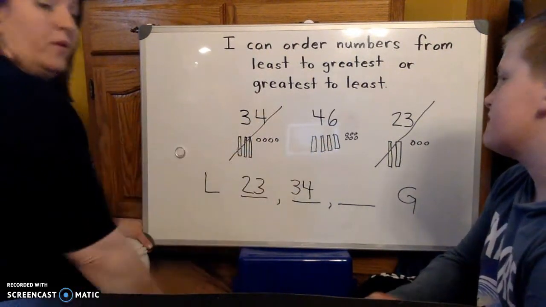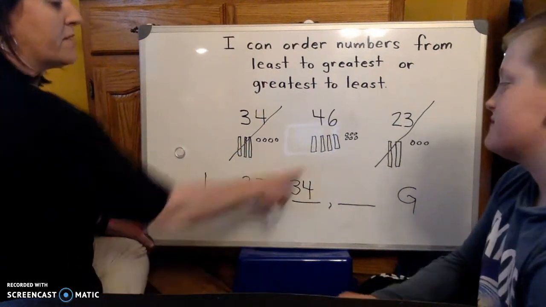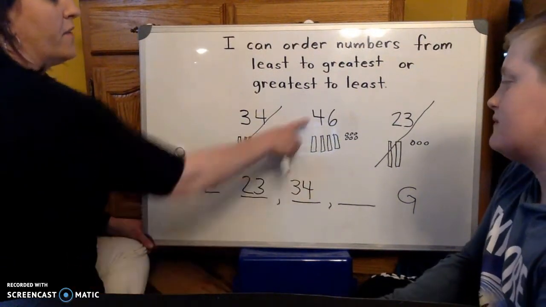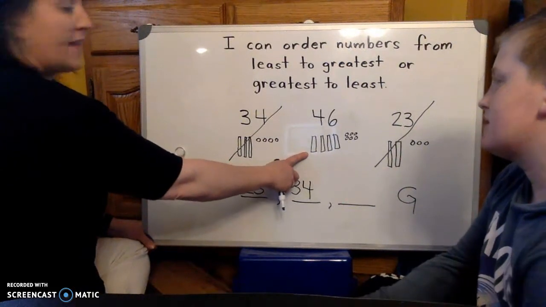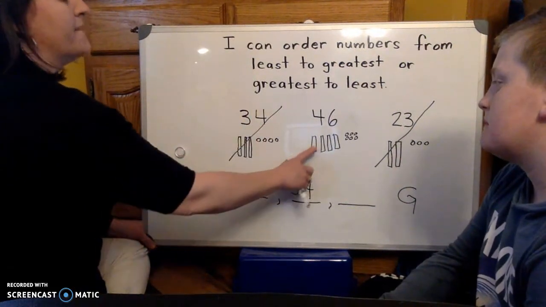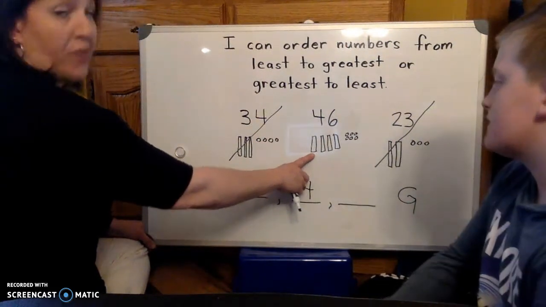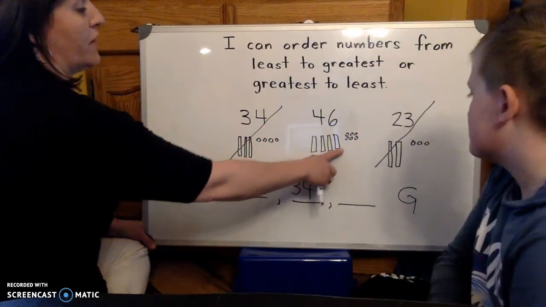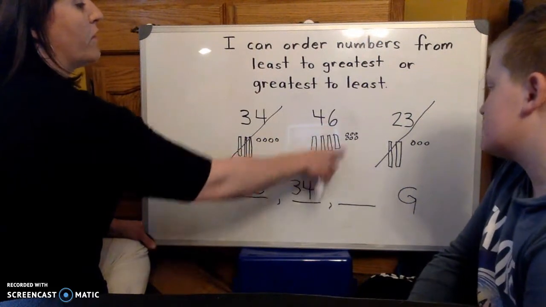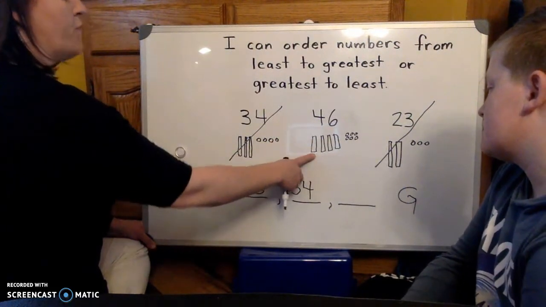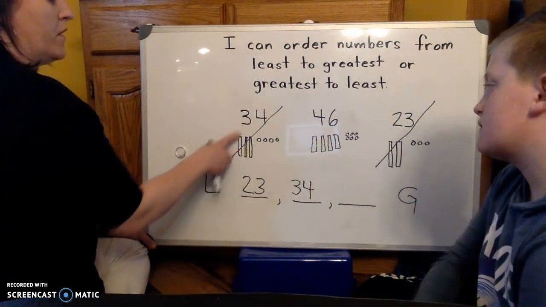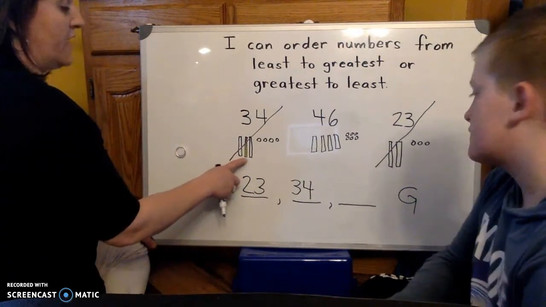And now we only have one left. It has the most amount of tens. The value of these tens is actually, just so you know, 40. When you're looking at tens, we count them by tens. 10, 20, 30, 40. So the value of 4 tens was 40. The value of 3 tens is 30, 10, 20, 30.